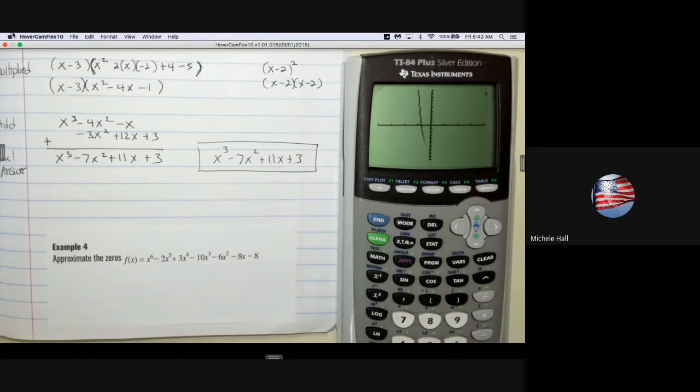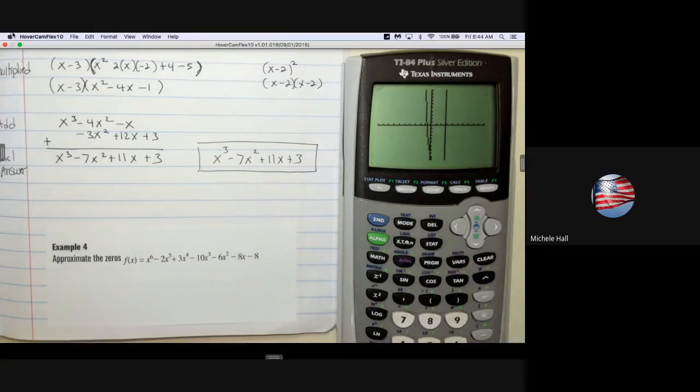Graph. This is a degree 6. I expect 6 answers. I'm going to fix my window in the standard zoom.